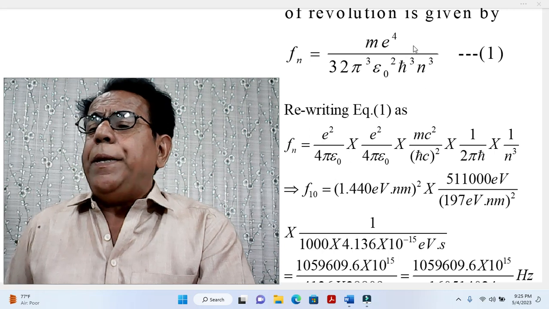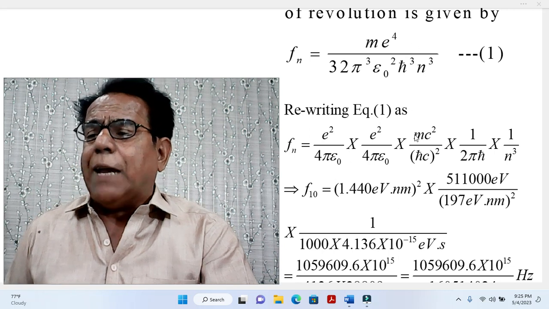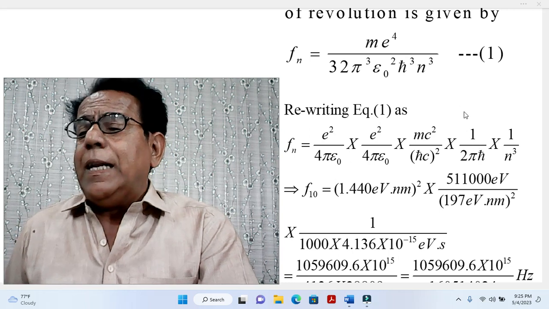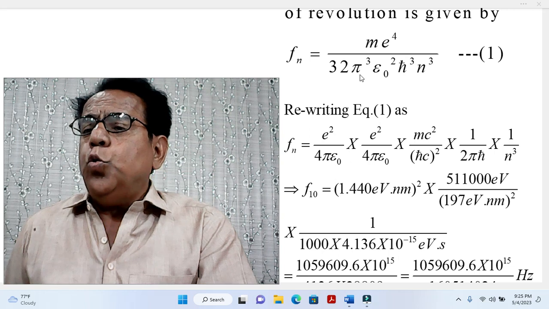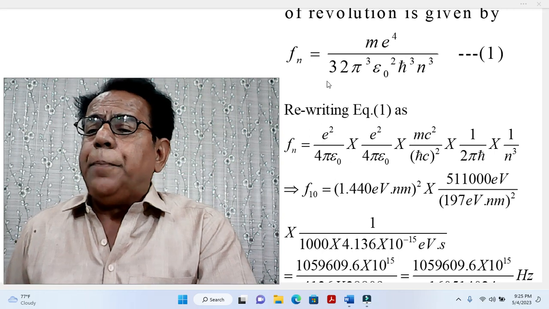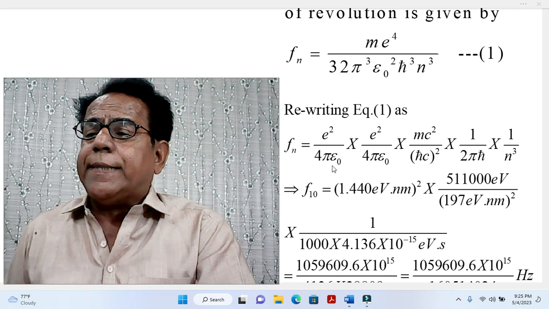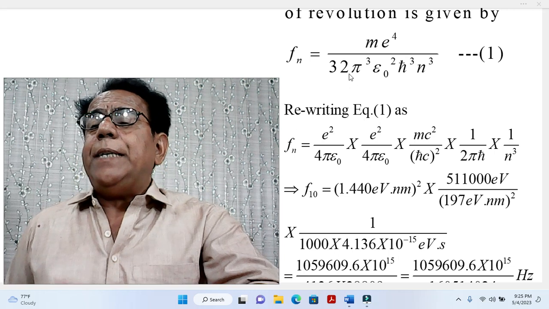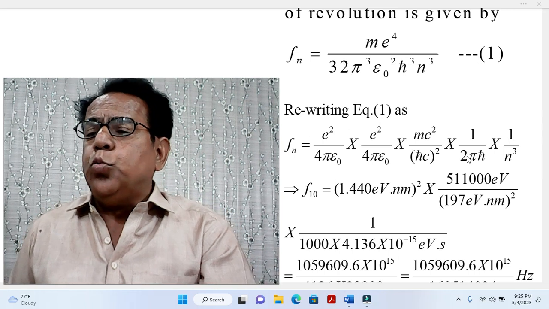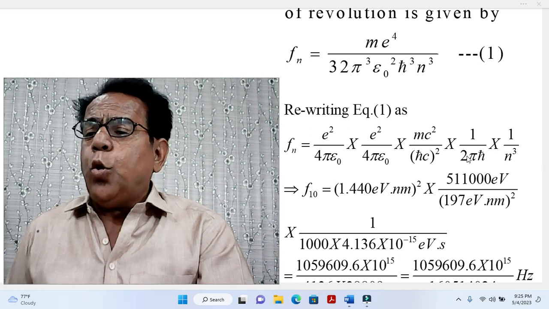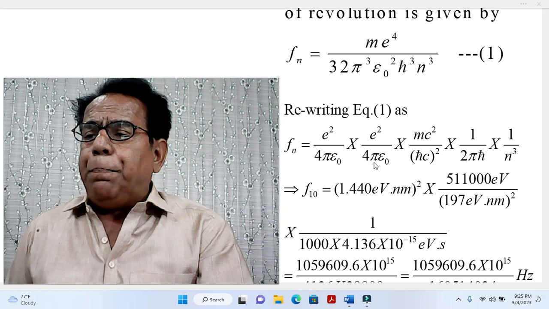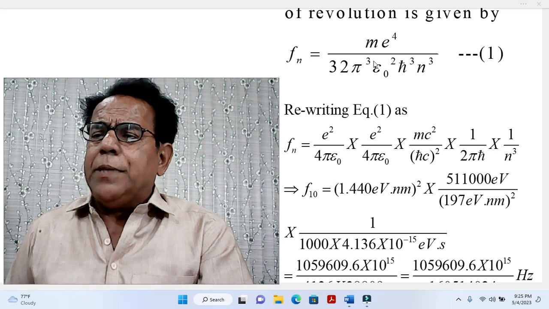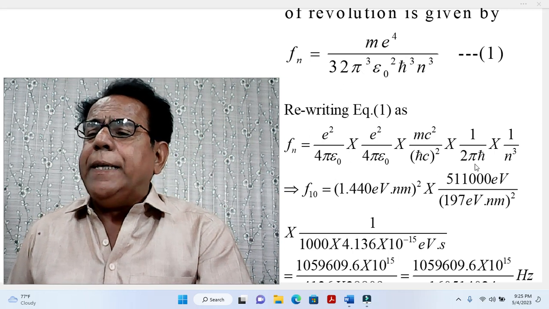In the numerator nothing is left, both quantities have been included, so 1 is left, while in the denominator 2 pi is left, because 16 out of 32 has been included, and 16 into 2 equals 32, so this is that 2. Moreover, pi square has been used from this pi cube, and simply 1 pi was remaining.